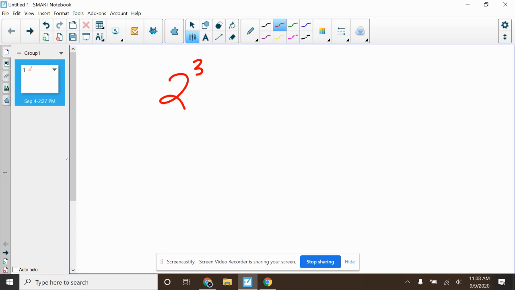Now that you know the definition of an exponent, what do you think this means? Emily thinks she's got it. Hang on. Let's give your teammates a chance to see if they can figure it out. The definition tells me that an exponent tells me how many times to use the base as a factor.